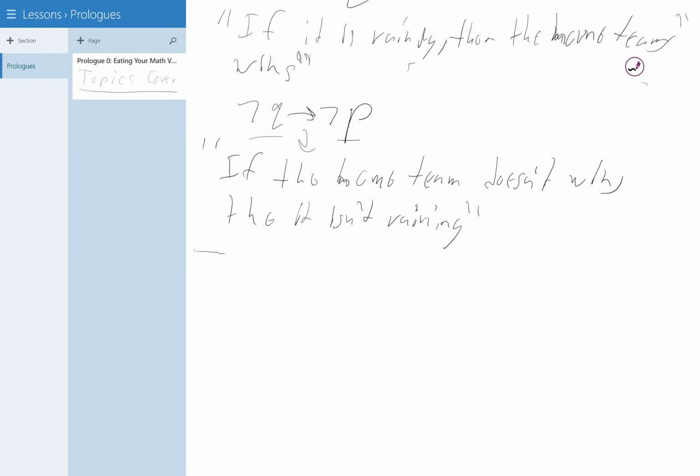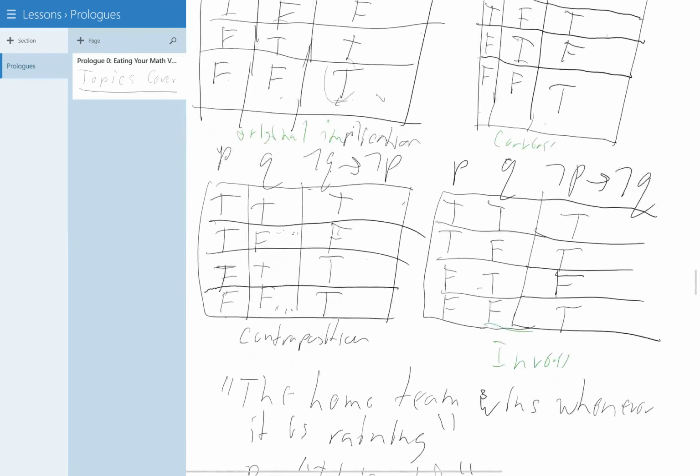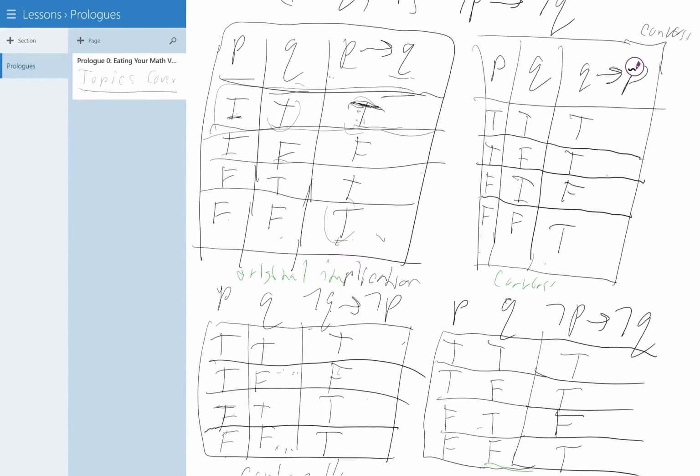Alright, so that's cool. So now let's try the converse. The converse is Q implies P, right? So at least if you ever forget, just go back and check your definitions.